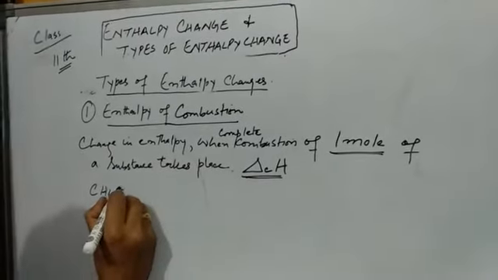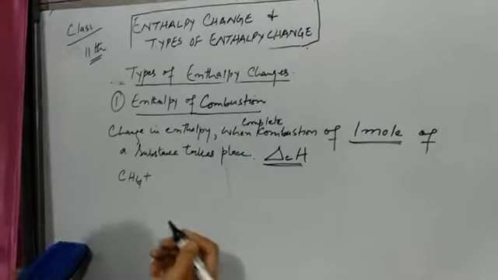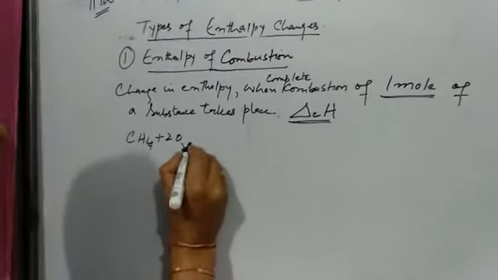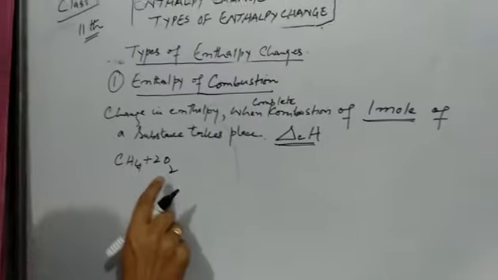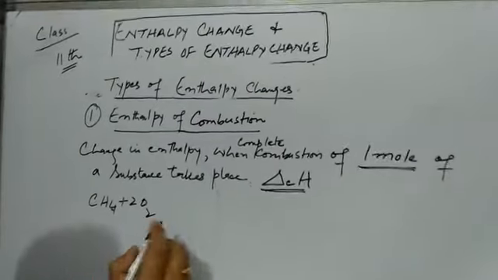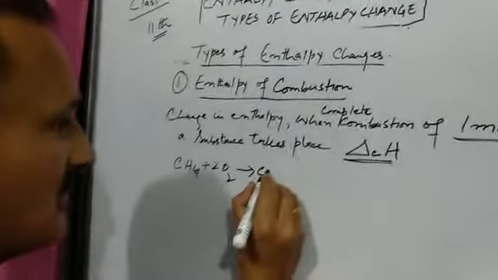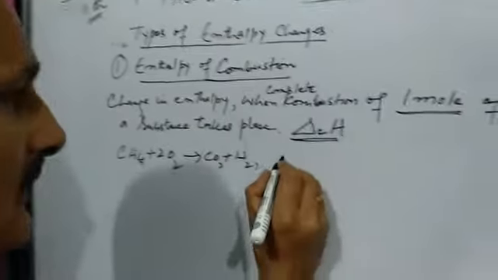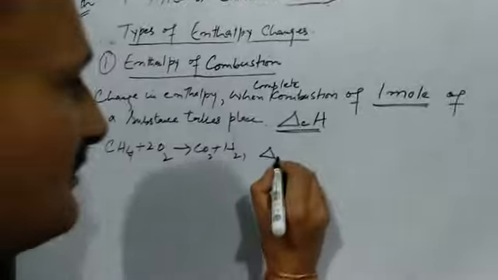And when I talk of combustion, that means it will burn in presence of which gas? Oxygen. Because there is no combustion without oxygen, because oxygen is the supporter of combustion. It will form carbon dioxide and water. And let us find what will be the enthalpy of combustion.